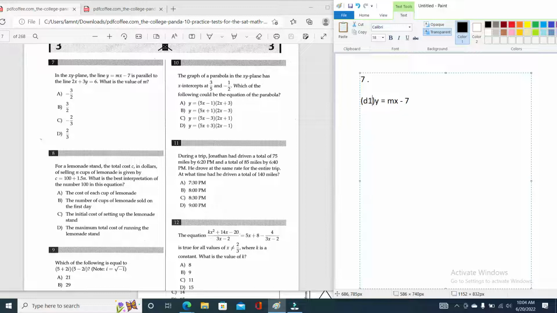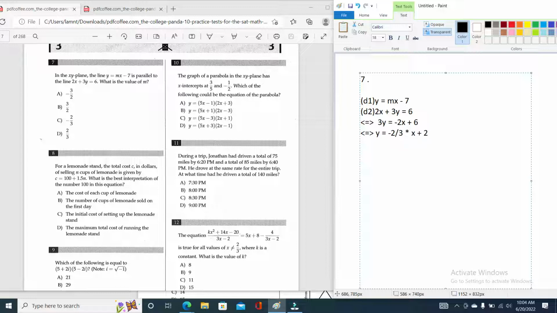On line 2, d2 is 2x plus 3y equals 6. So this is equivalent to 3y equals minus 2x plus 6. So y equals minus 2 over 3 times x plus 2, right?